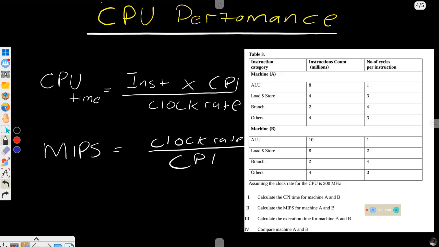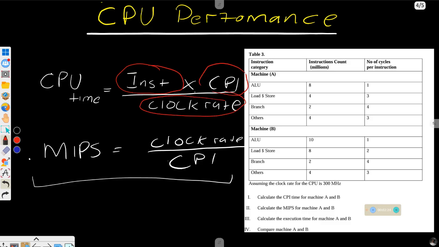The reason I'm saying these are the only two you need to know is that you can derive the others. If you want the instruction count, CPI, clock rate, or CPU time, you can just derive the formula. The same thing applies if you are given one of these things, you can derive whatever you need.